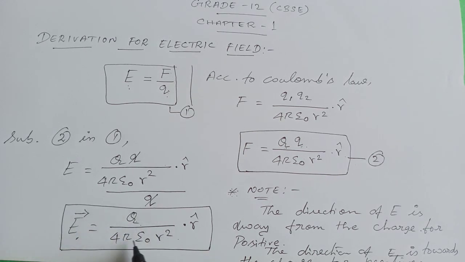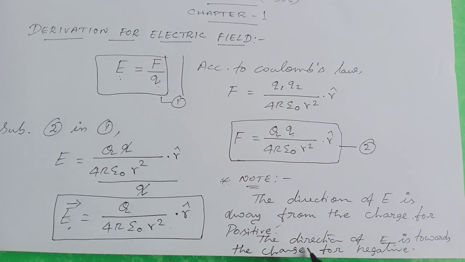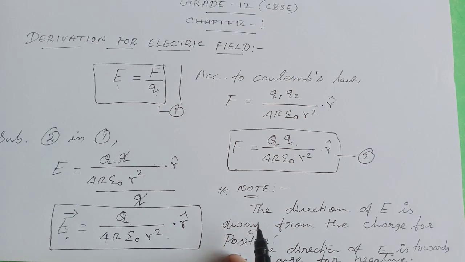So this equation gives you the magnitude of the electric field, whereas the direction of the electric field will move away from the charge for a positive charge, and towards the charge when the charge is negative. Okay, students, so this is about the topic. Thank you.